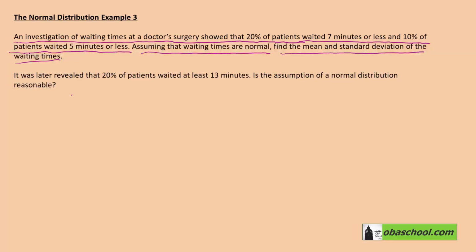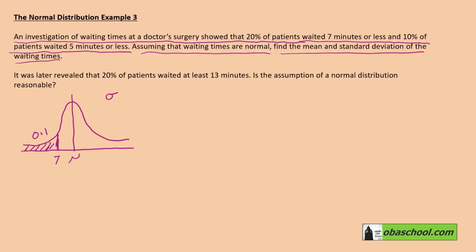So, if we assume normal, what we're being told is that we have an unknown mean, an unknown standard deviation, but that if we go to 7 minutes, the probability here is 0.1.